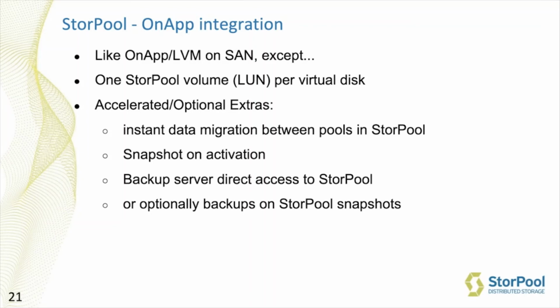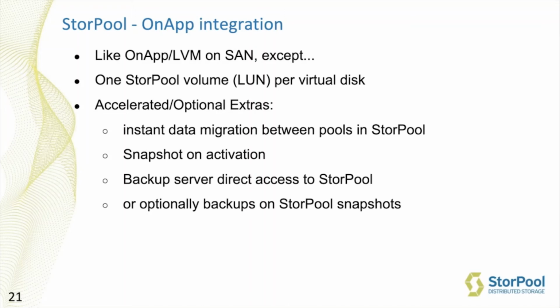We have the ability of connecting an OnApp backup server directly to the StorPool storage system. So in this way, you remove the hypervisors from the backup function in OnApp, meaning reading the data for the backup doesn't need to be routed through the hypervisor, and this frees up some resources on the hypervisors.